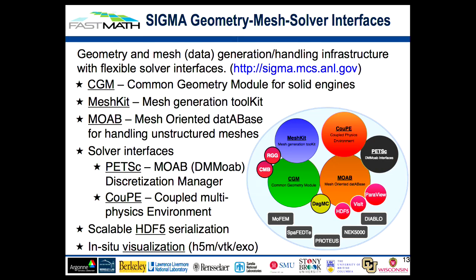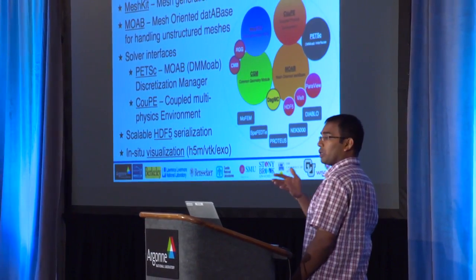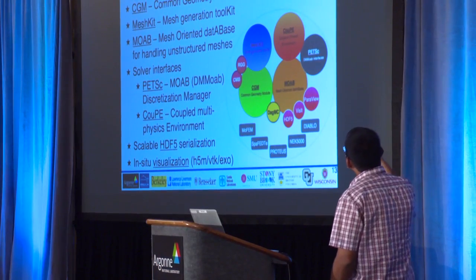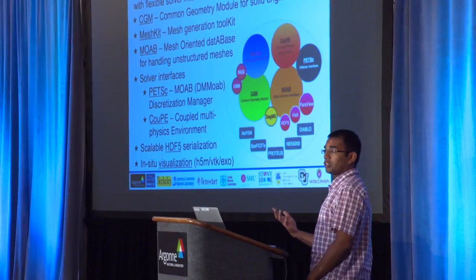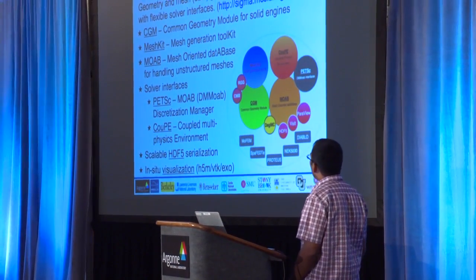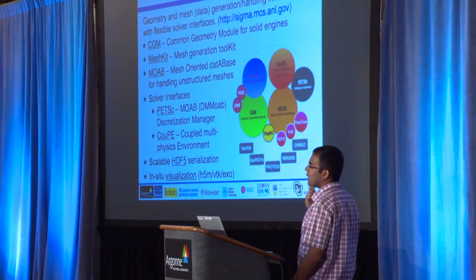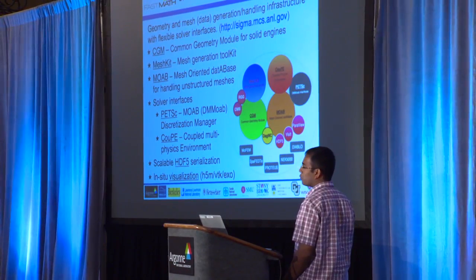So it provides several interfaces and APIs to query the geometric models and get relevant information so that we can use that for either mesh generation or doing geometry-based solvers, for example, like Monte Carlo applications. The second component in Sigma is the mesh generation toolkit, which is called MeshKit. There are quite a few algorithms in MeshKit. And it also has interfaces to external mesh generation tools and libraries.